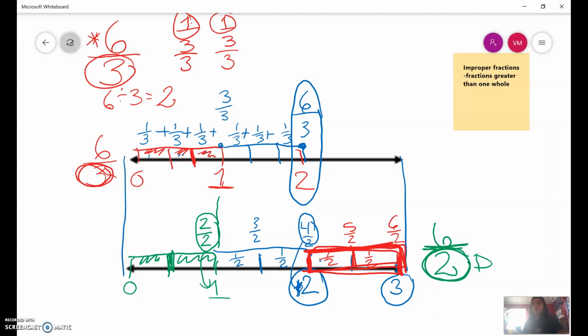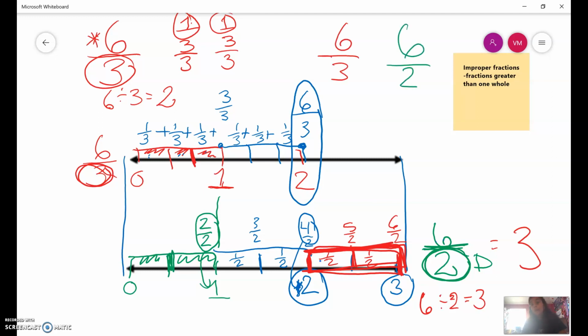And that's what some of you were saying. So 6 halves is the same as 3 wholes. If you think about it, 6 divided by 2 equals 3. Now that worked out perfectly because it was a number divisible by 2. This 6 is also divisible by 3. So right now, if you're noticing which one's greater, 6/3 or 6 halves?